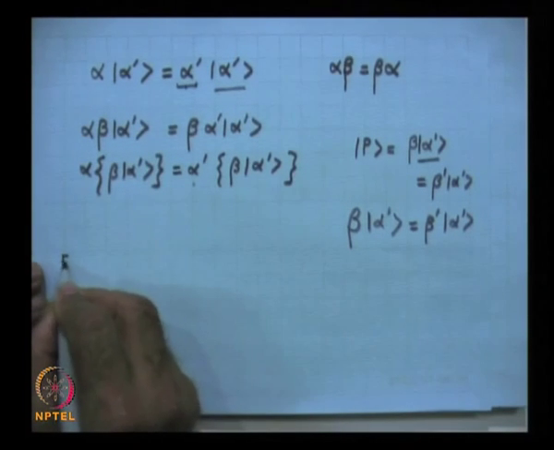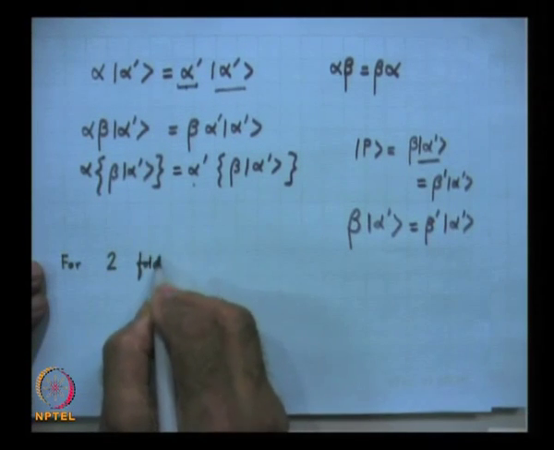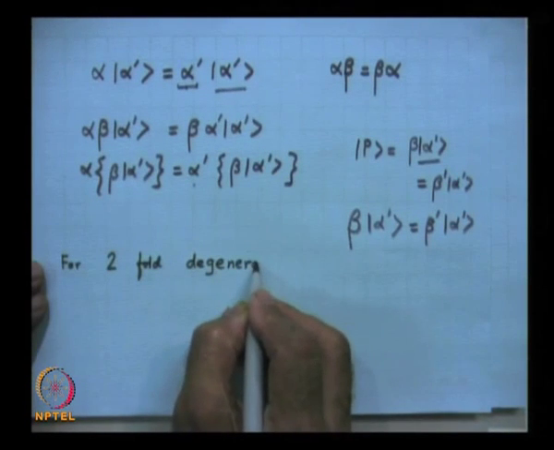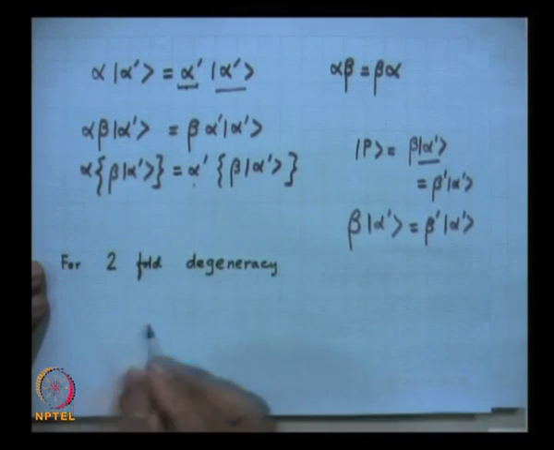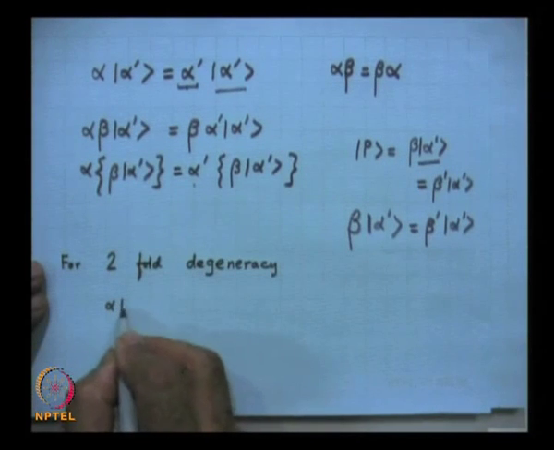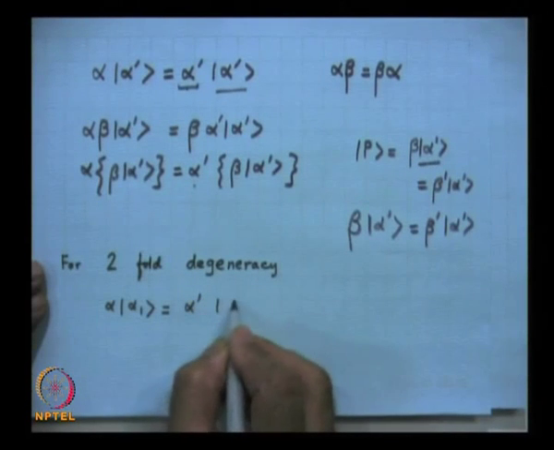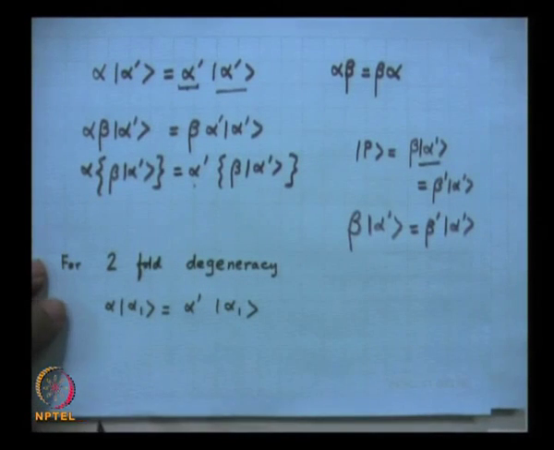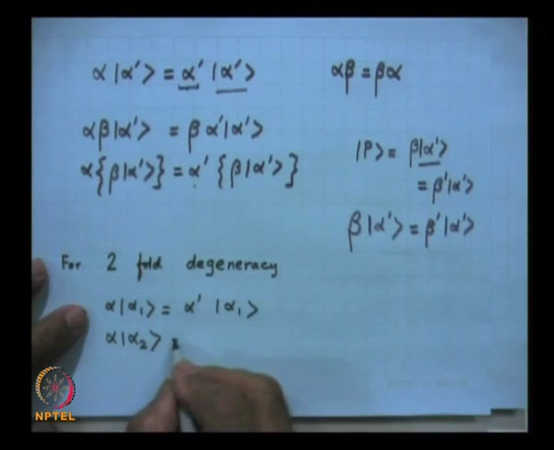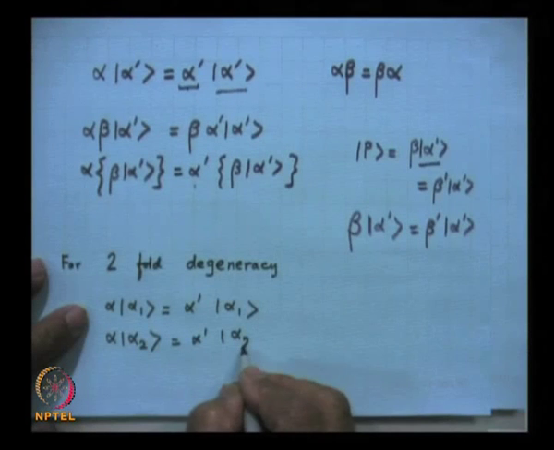So, for twofold degeneracy, we can have two linearly independent kets, denoted as alpha prime alpha 1 and alpha prime alpha 2.